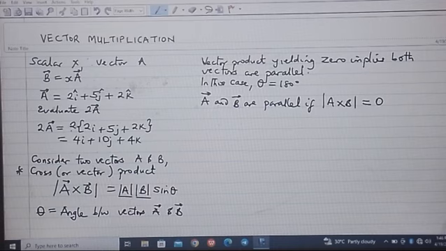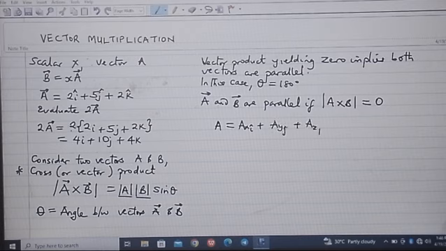Then assuming we have two vectors, we want to express them in the Cartesian coordinate system and see how we can arrive at their vector product. So this is for vector A equal to AXi plus AYj plus AZk.